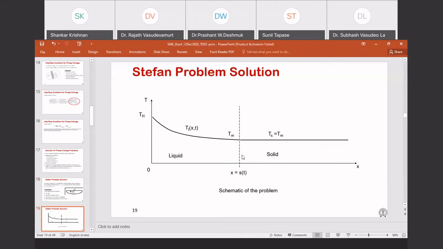So at any given instant, at some time t, the temperature in the liquid will look like this, because we assumed initially the solid was at melting point. It will be flat. This is how the temperature profile will look.